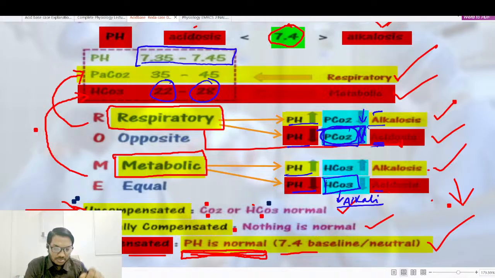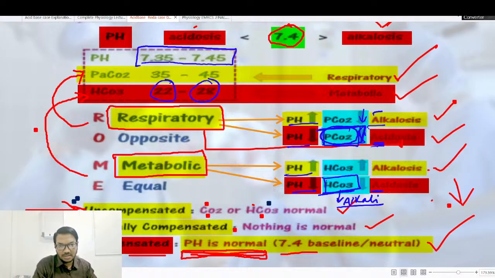But suppose there is water and you put carbon dioxide, then it will be acidic. Same concept. So when it is acidosis, and bicarbonate itself is an alkali, in acidosis, alkali will be less.